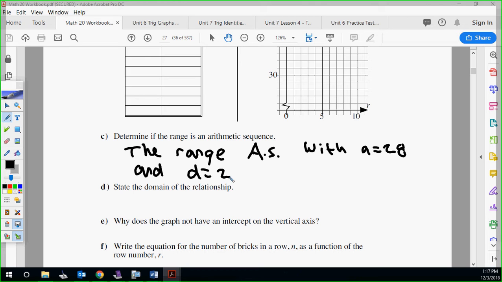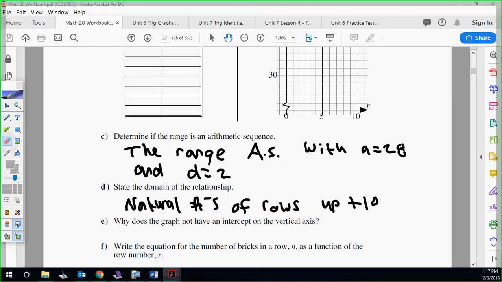We're having whole rows. So it's our natural numbers of rows. Starting at 1. Up to 10 for our chart.